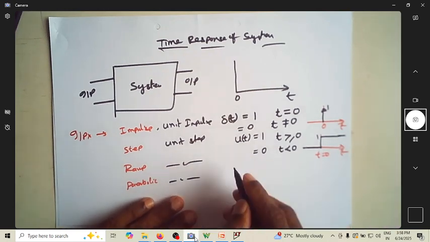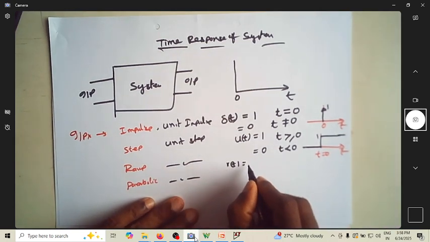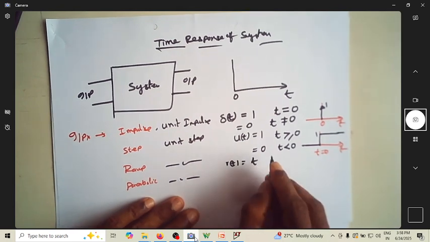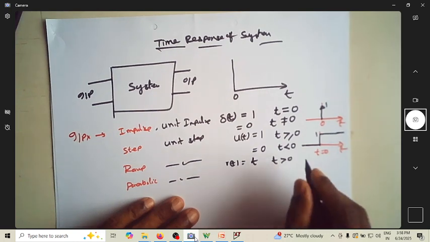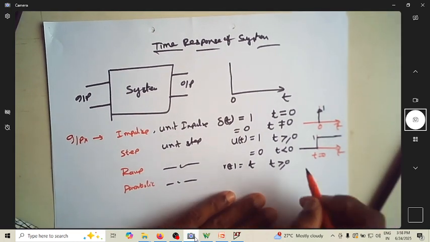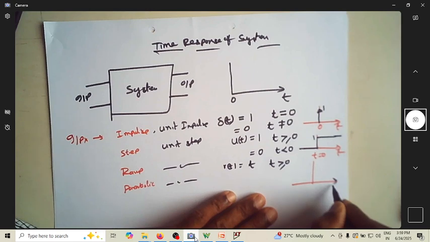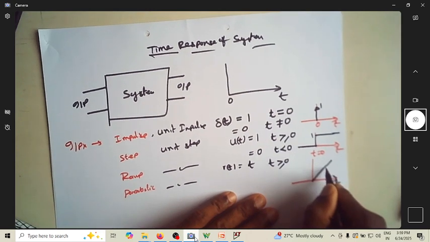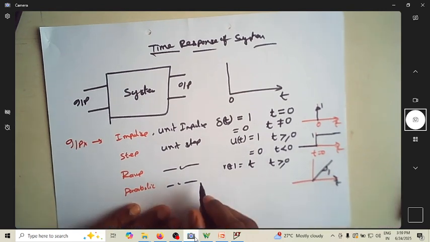And for ramp, r of t will be equal to t for all values of t greater than or equal to 0. So something like this; if it is t, then it keeps going like this. This will be of unit magnitude, slope is unit.